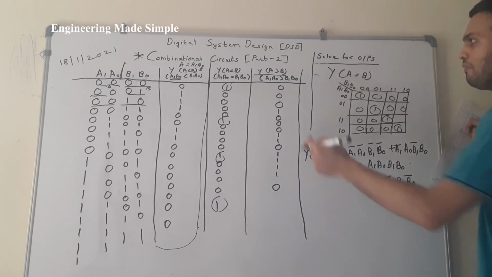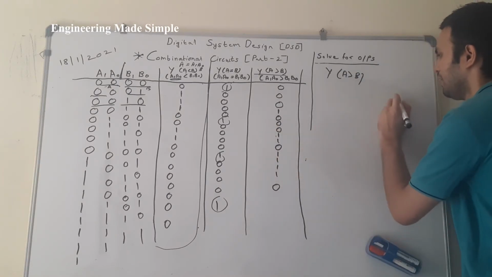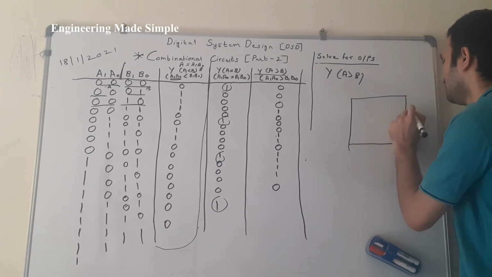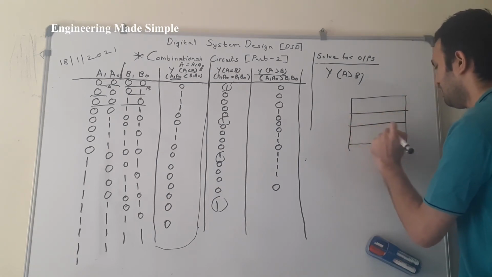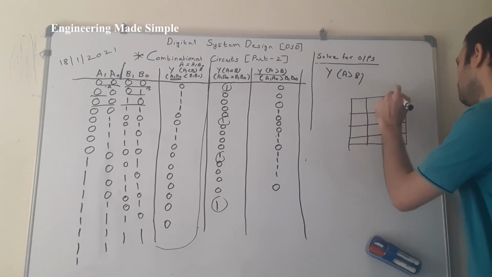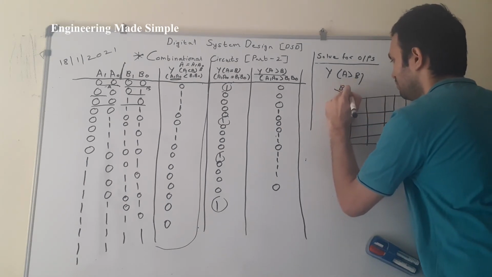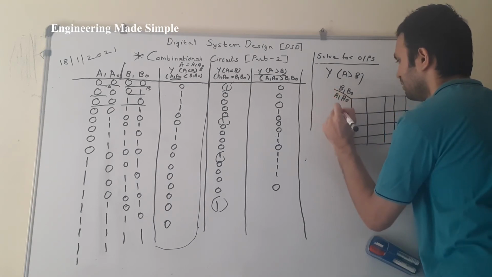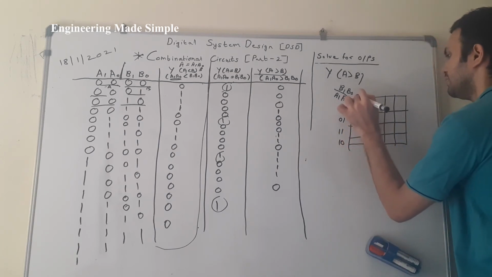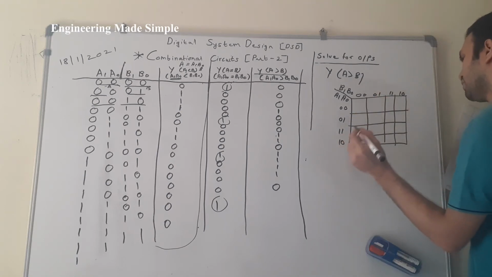Now the third K-map will be for A greater than B. The particular terms which are min terms, the output is 1. Now let us solve the K-map. It is also a 4 variable one. B1 B0, A1 A0, 00, 01, 11, 10 on both axes.